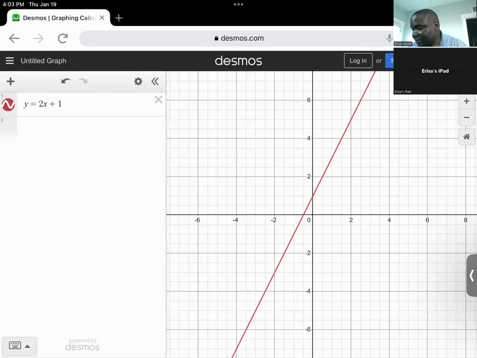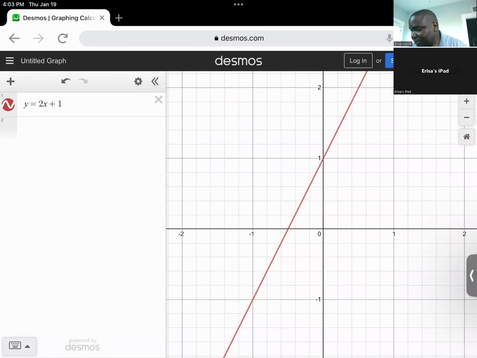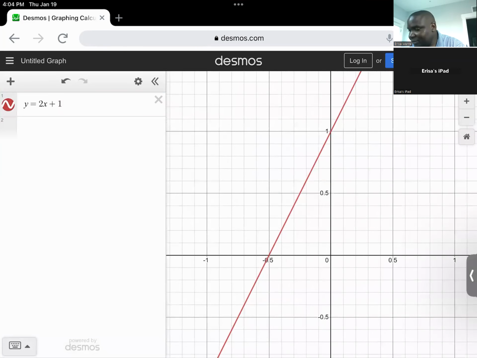Let me zoom in. We have this point as (0, 1), and this point is (negative 0.5, 0). That is the nature of the graph we get.